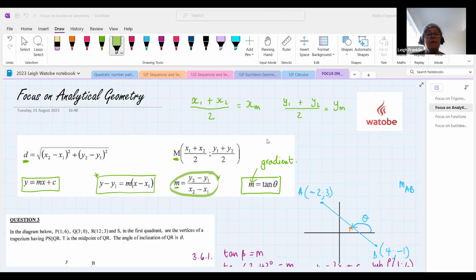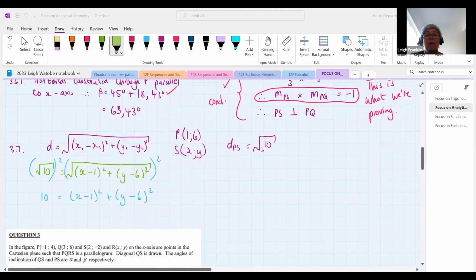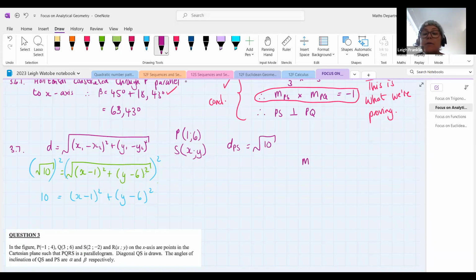So again, I go back and I know, I'm just going to write it down here, that gradient is change in Y over change in X. So we all know that the gradient of PS was 1/3.